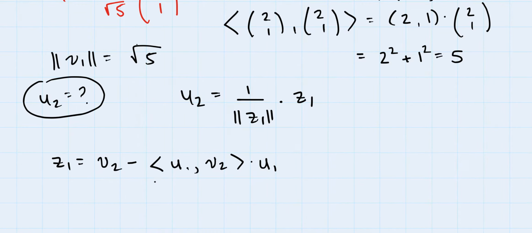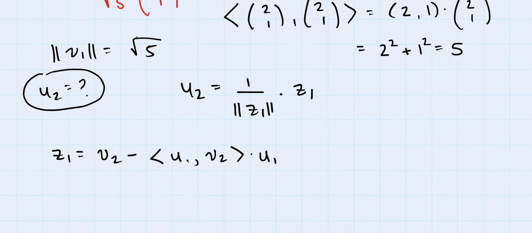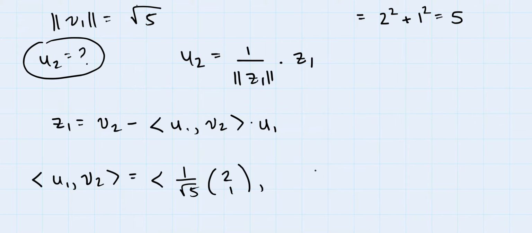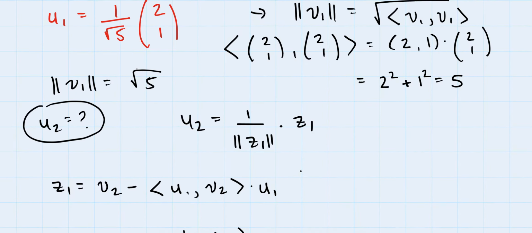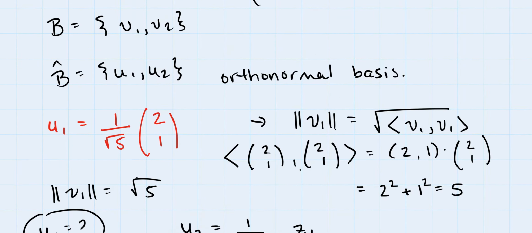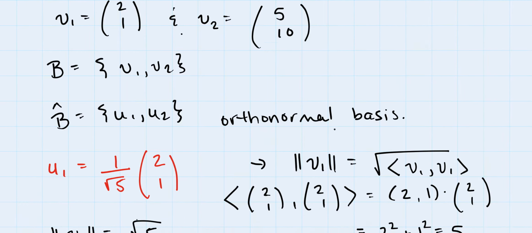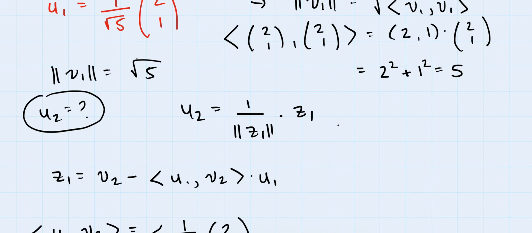So we need to figure out what this inner product is. The inner product of U1 with V2, well, that's the inner product of 1 over the square root of 5 times (2, 1), comma, well, V2 is the vector. If we go back up here, you can see that we labeled it as (5, 10). So let's write that.